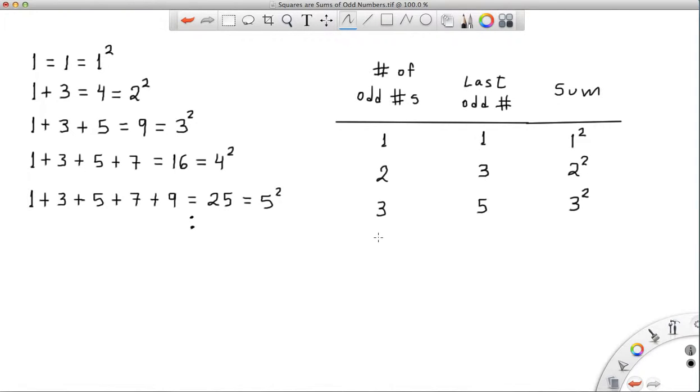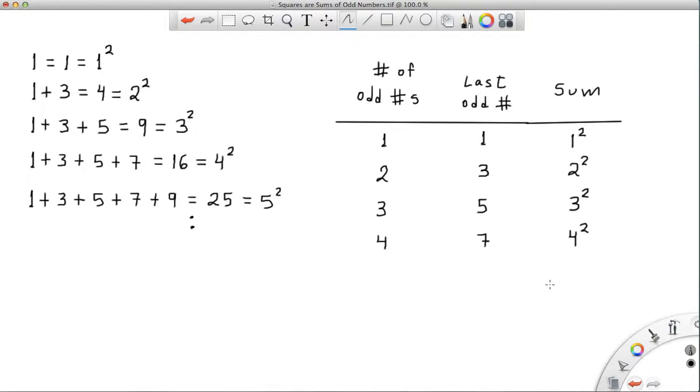When we added 4 odd numbers, 1, 3, 5, and 7, the last one was 7. And in this case, the result of that sum, when we add 1 plus 3 plus 5 plus 7, we get 16, which is the square of 4.